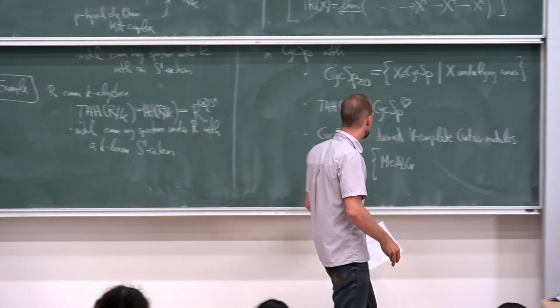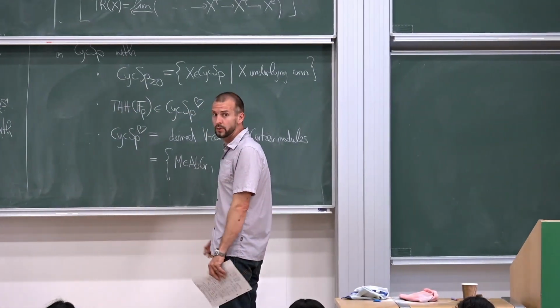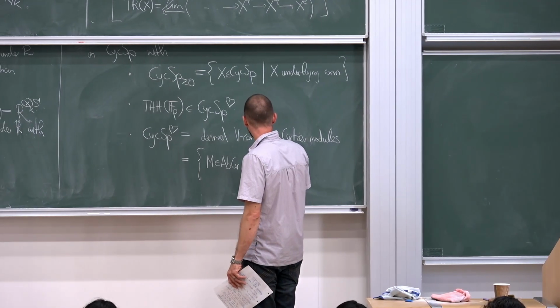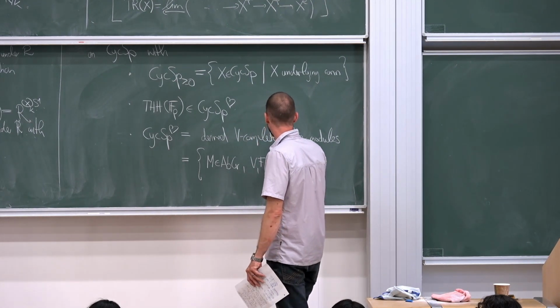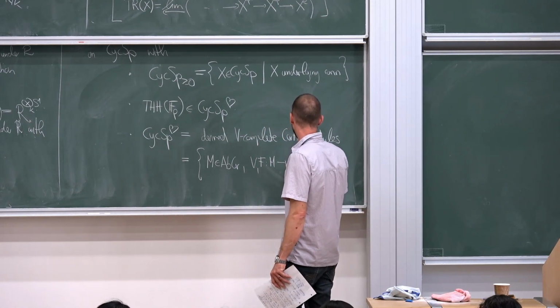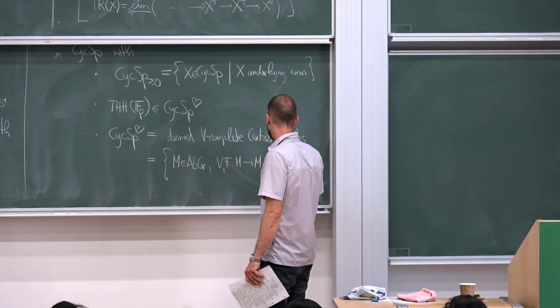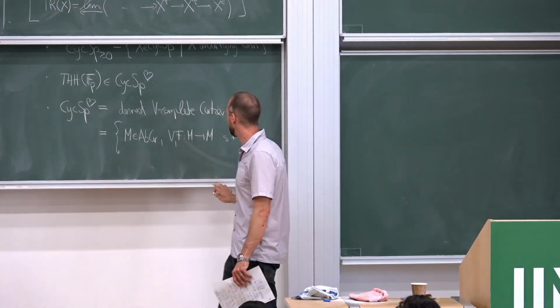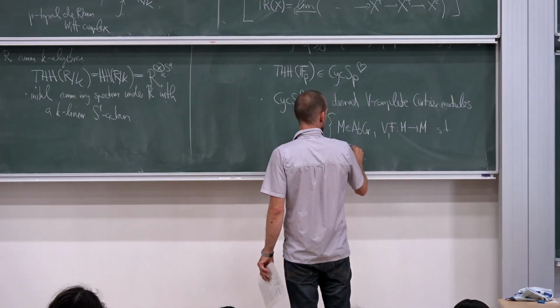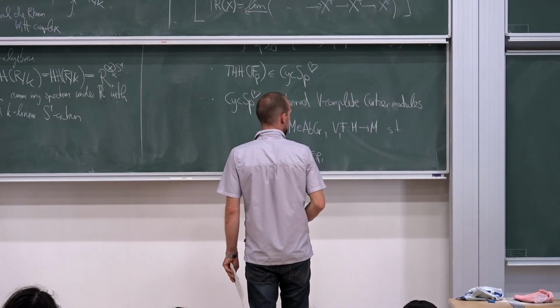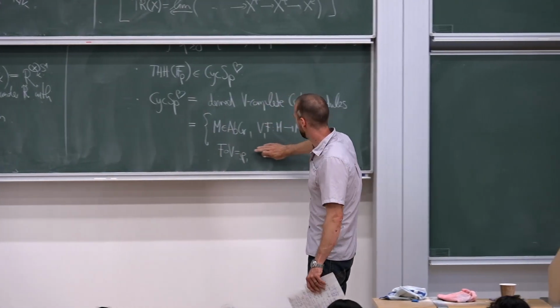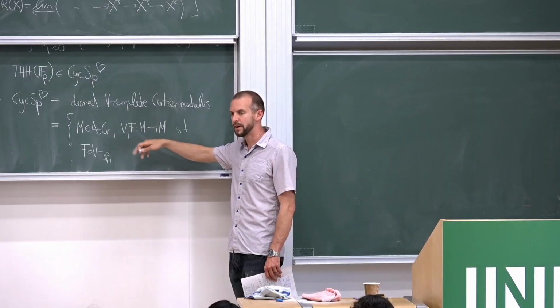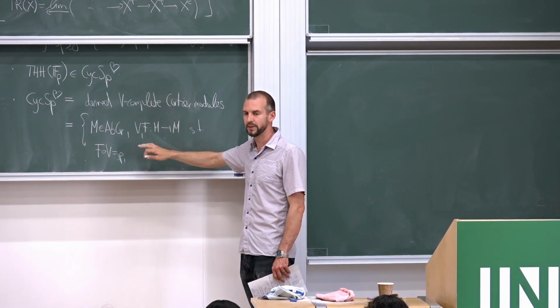It consists of abelian groups together with endomorphisms called V and F, for Verschiebung and Frobenius, such that F after V is p. This is the whole structure of what a Cartier module is, something that came up in studying p-divisible groups in arithmetic.